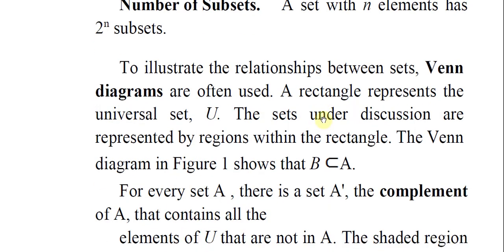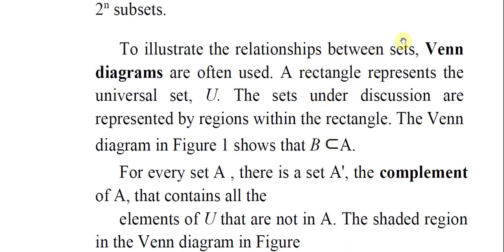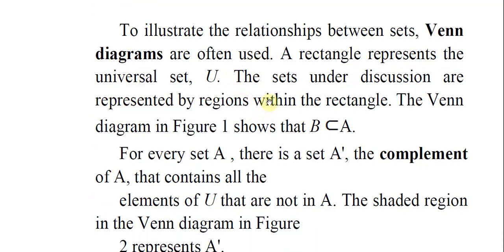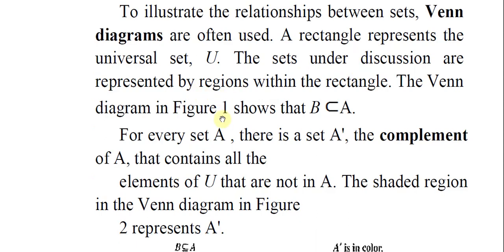And to illustrate the relationship between sets, we use Venn diagrams. A rectangle represents the universal set, and the sets under discussion are represented by regions within the rectangle.